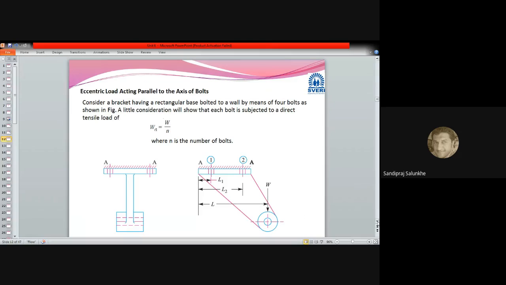For that, we can consider this situation where these four bolts are used. Now only two bolts are visible here. Four bolts, if you see the cross section on the other side, I'll draw here. This is what we can say the top view.